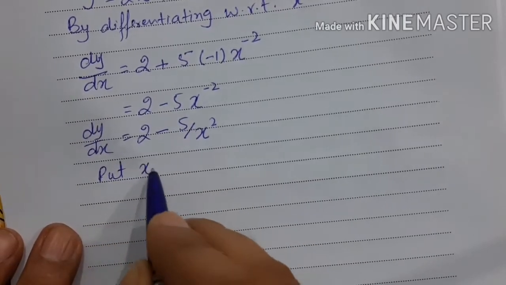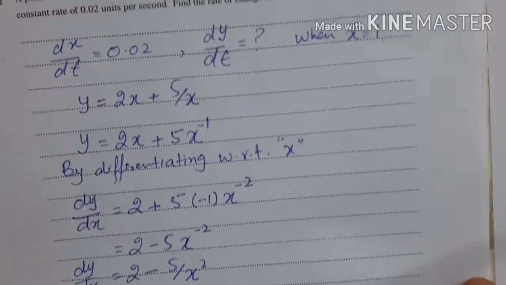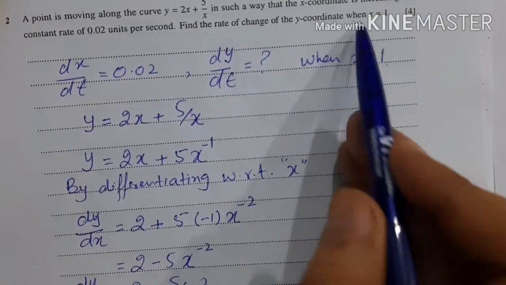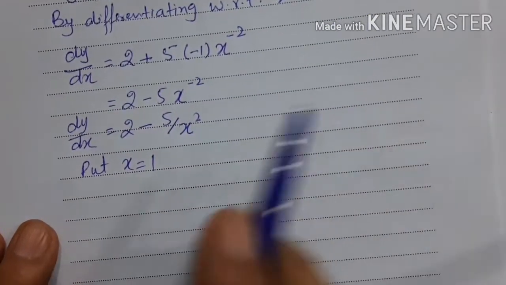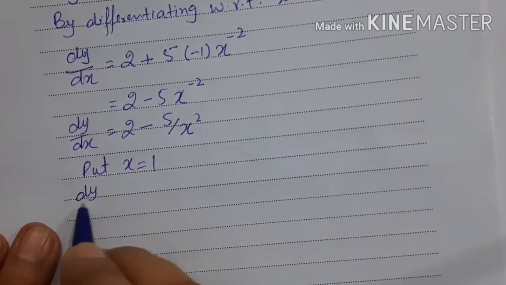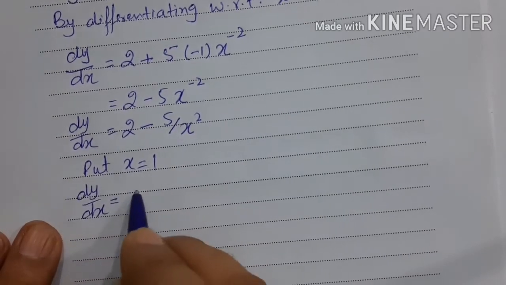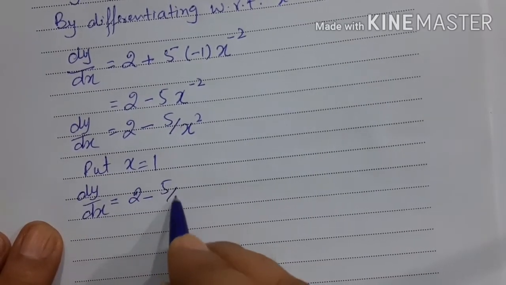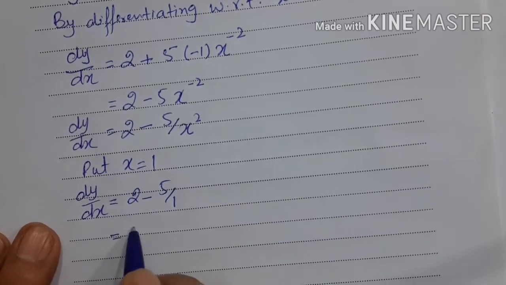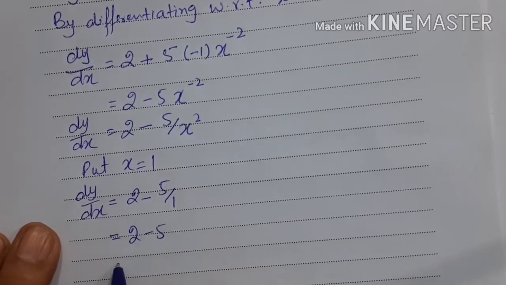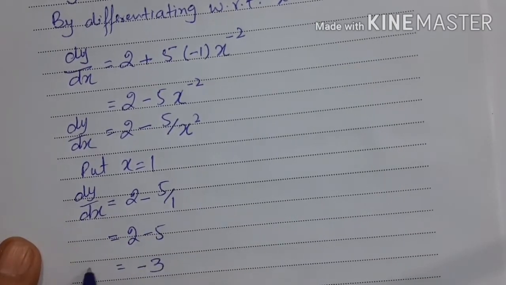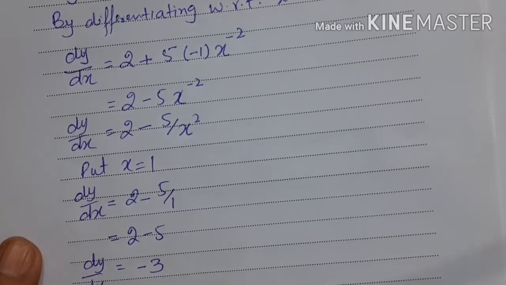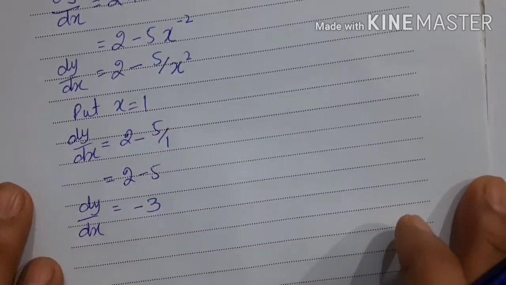Put x is equal to 1 here. So then dy by dx will become 2 minus 5 over 1, which is 2 minus 5, and this is minus 3. dy by dx is minus 3.